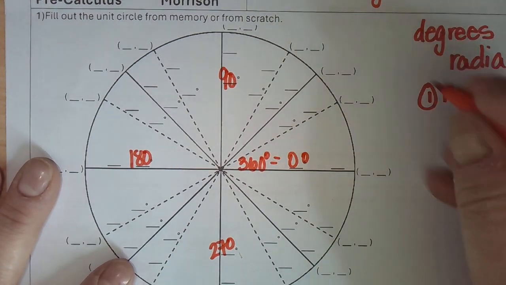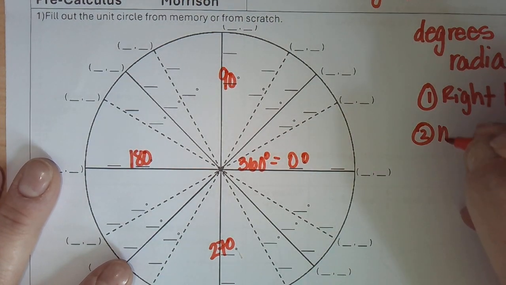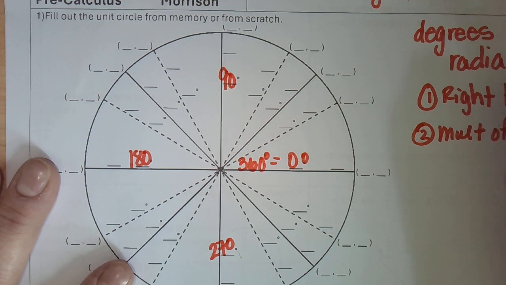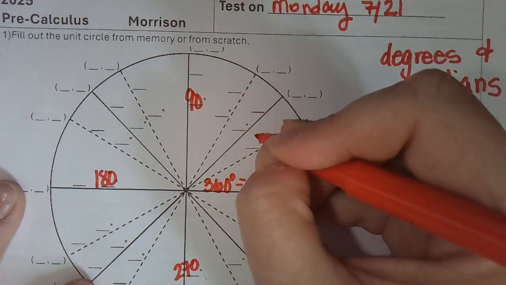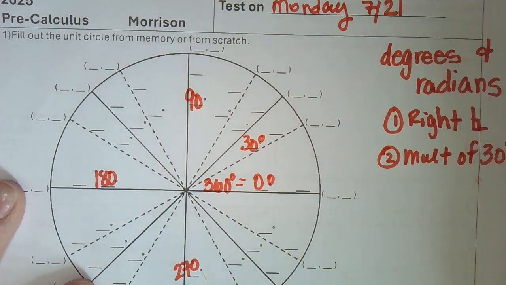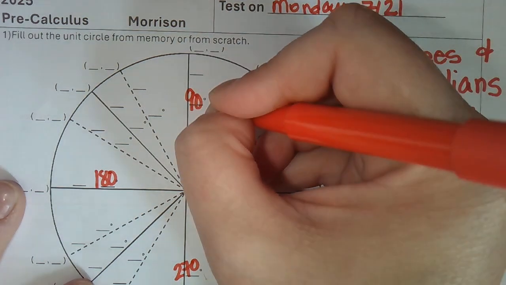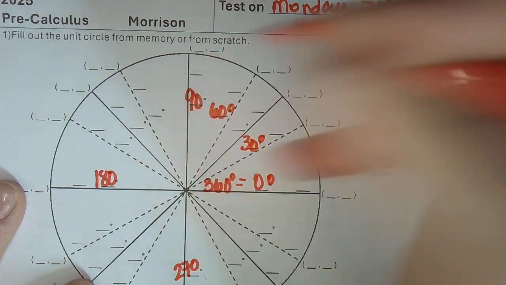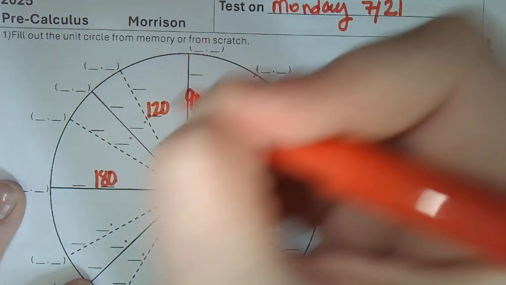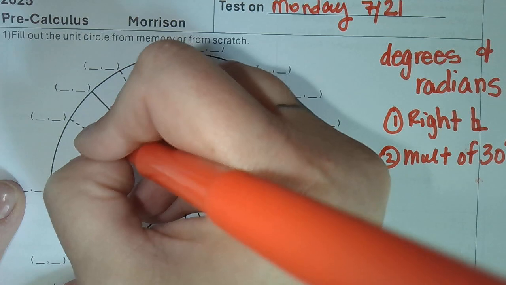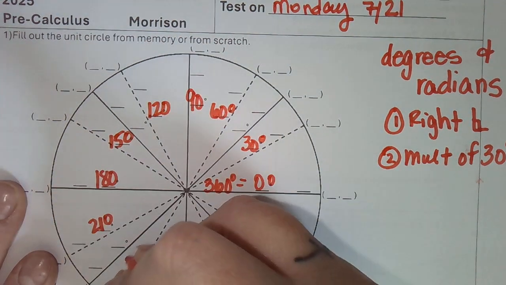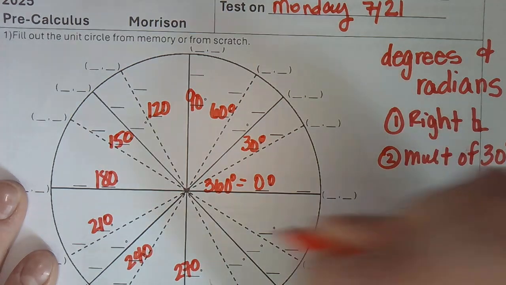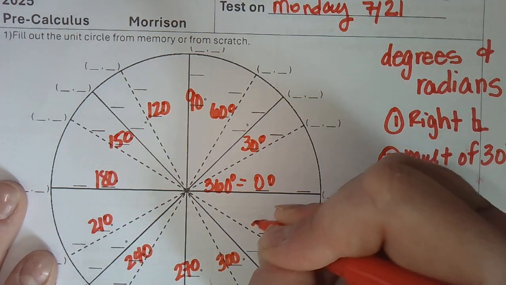Okay, now I'm going to label the multiples of 30. So I got 30 degrees, 60 degrees, 90 degrees, 120, 150, 180, 210, 240, 270, 300, 330.